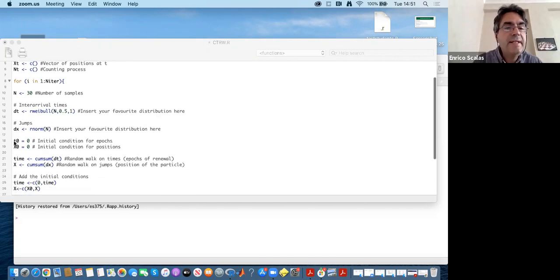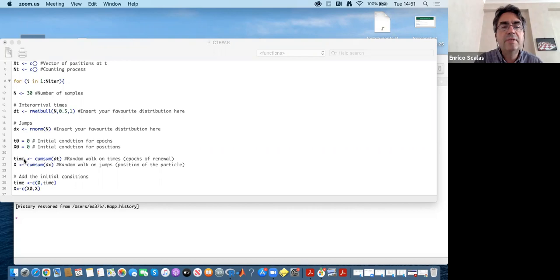Then we set the initial condition for the epochs, t0 equal to 0, and the initial conditions for the positions, x0 equal to 0. I mean, this can be changed. You could even have an initial condition which is random, but let us not complicate our life, and let us start from 0 at time 0. Now, with the cumulative sum, you find the Tn's.